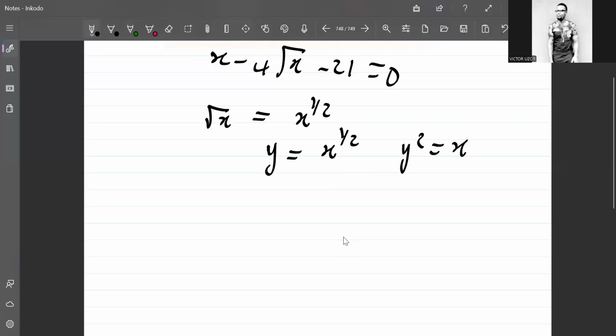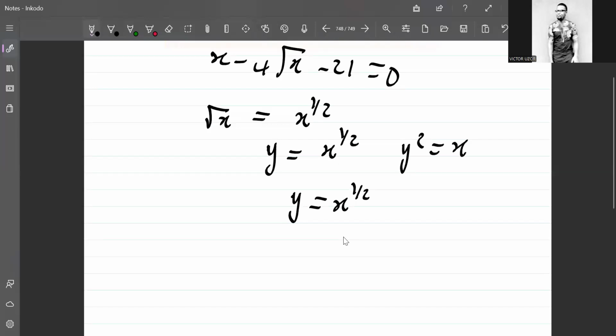So y is equal to x raised to the power 1 over 2, which is the square root of x. In this case, if I want to remove the square root, I will square both sides. Let me explain it the way you will now understand. Let me start from the beginning.